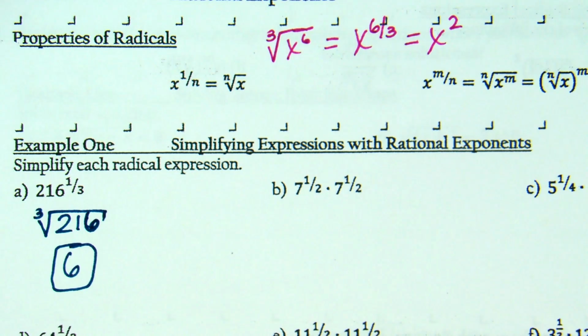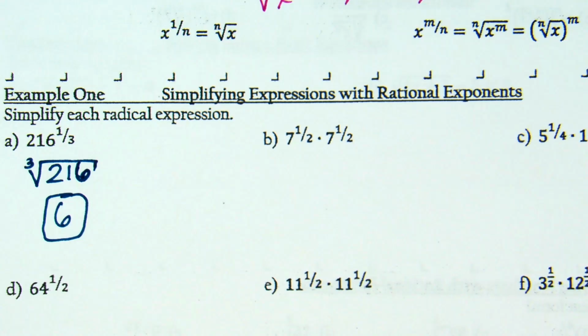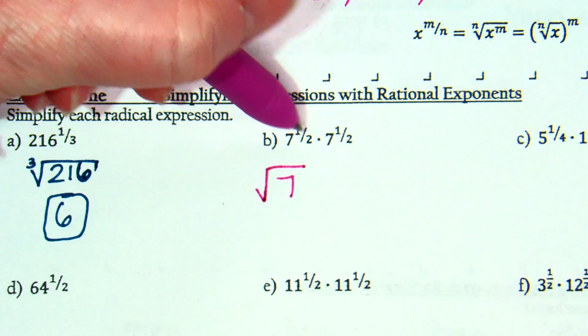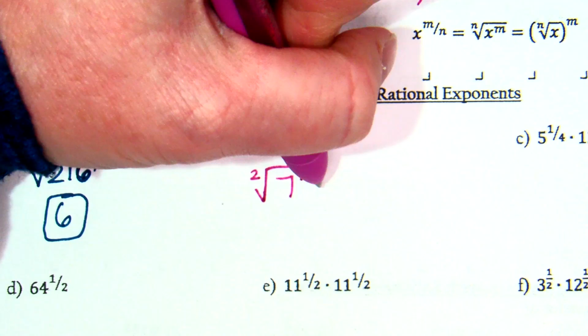Okay, let's try B. 7 to the 1/2 times 7 to the 1/2. So my 7 is going to go under the radical. What does this 1/2 say? The 2 is my index, so this is the square root of 7 to the first, or in other words, the square root of 7. And the other 7 to the 1/2 is the square root of 7.